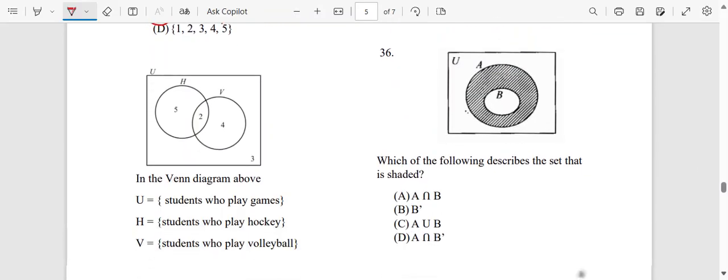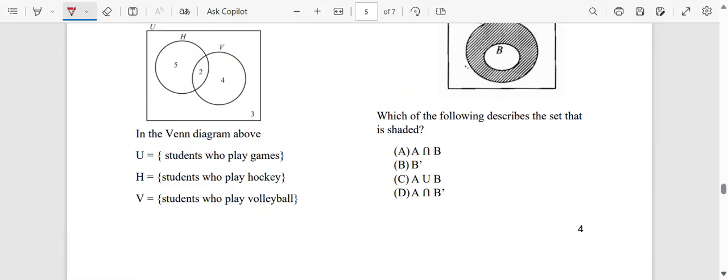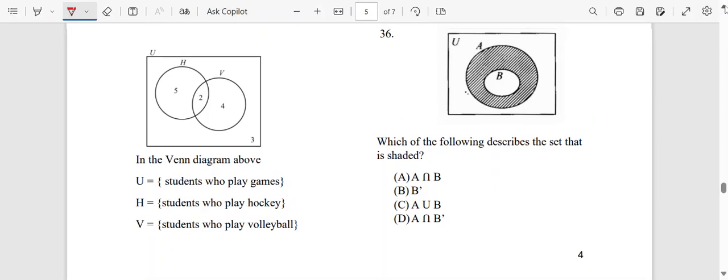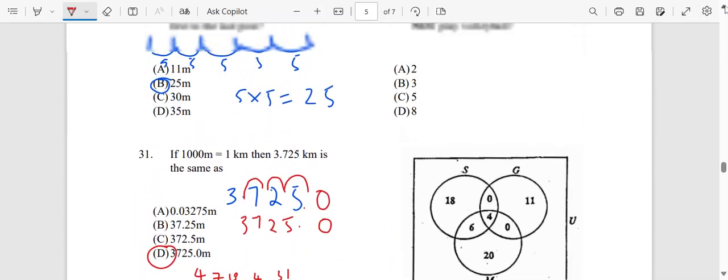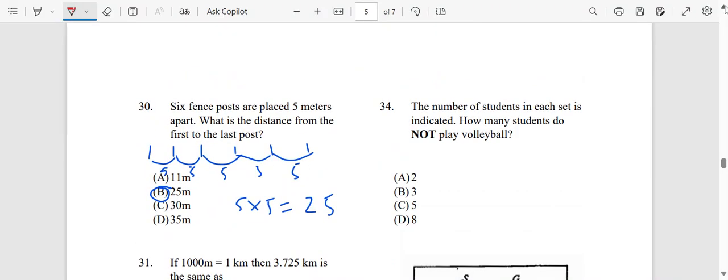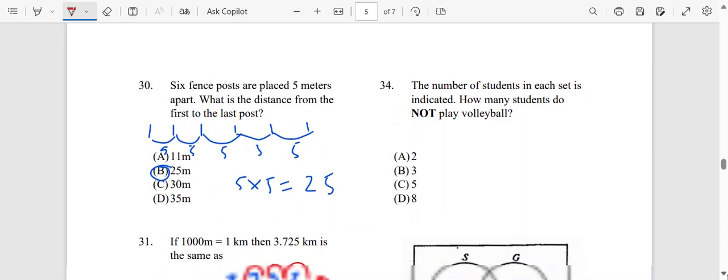Let us continue. In the Venn diagram above, U, students who play games, H, students who play hockey, and V, students who play volleyball. Then it says the number of students in each set is indicated. How many students do not play volleyball?